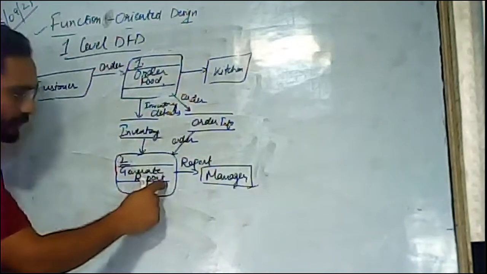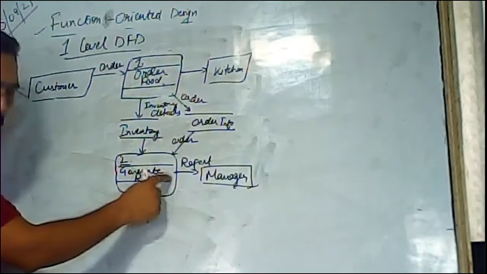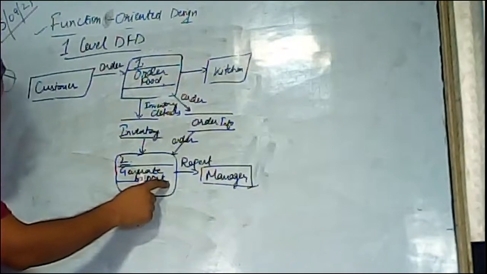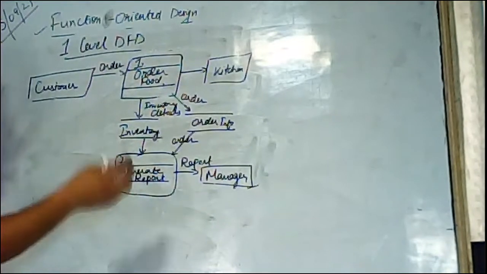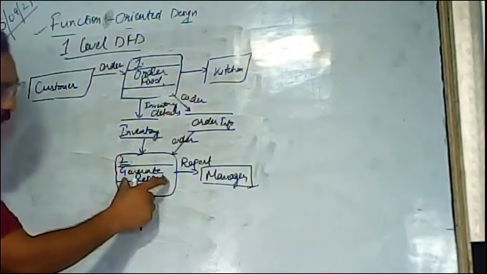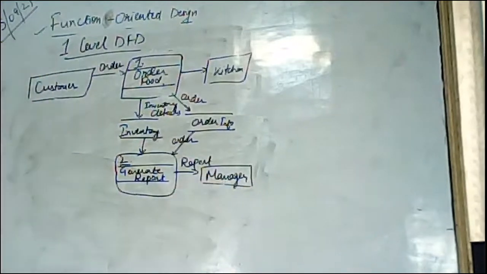After creating a report, the manager will collect that report from the function that is executed while implementing your code. Then that report that is generated goes to which entity? That is your manager entity.